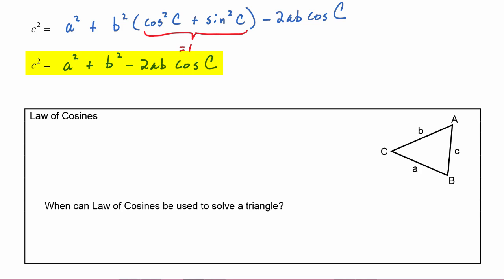Let's explore this equation a little. Notice that here we have isolated a side, and then over here we have that side's opposite angle. And then the other two sides appear here, a squared plus b squared, and in this product, 2ab.